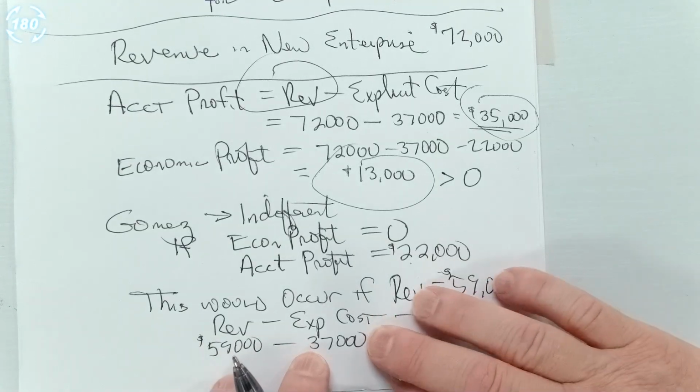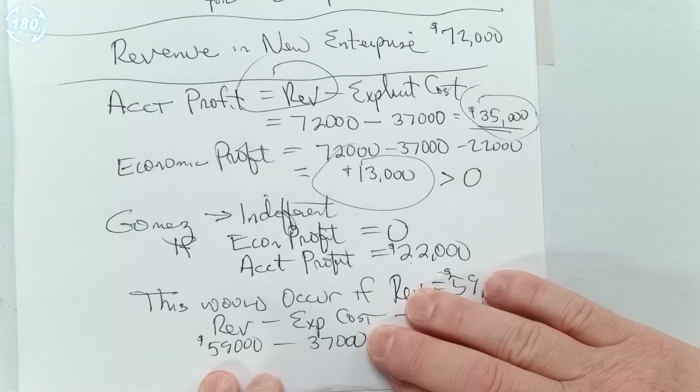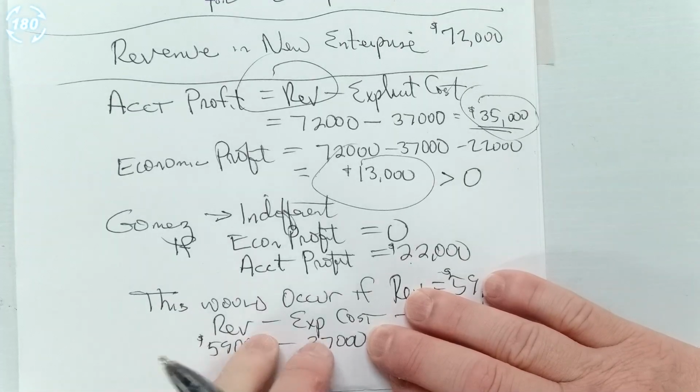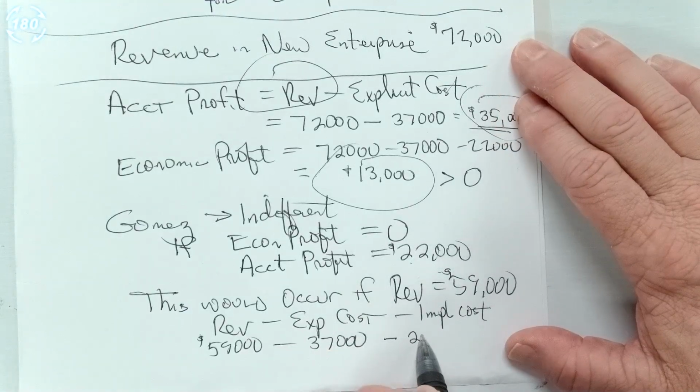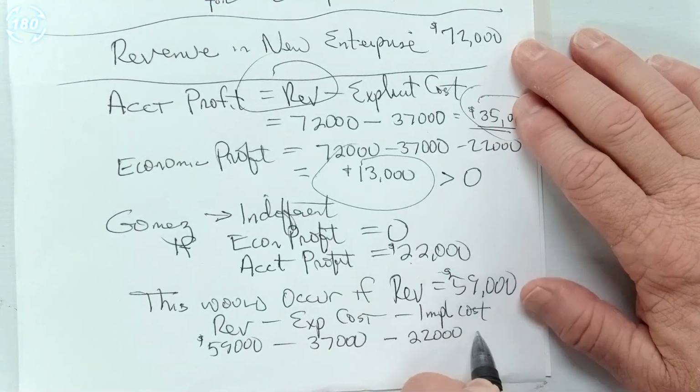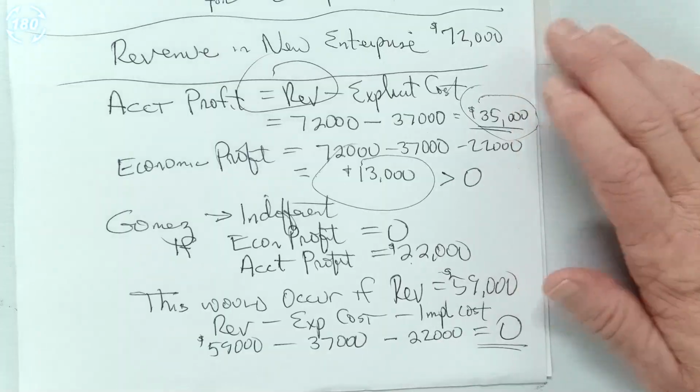Now she has explicit costs, so her revenue needs to be higher. She needs to be able to pay herself more, because she's got more things coming out of her pocket. But also, once she covers those implicit costs, her economic profit is 0.